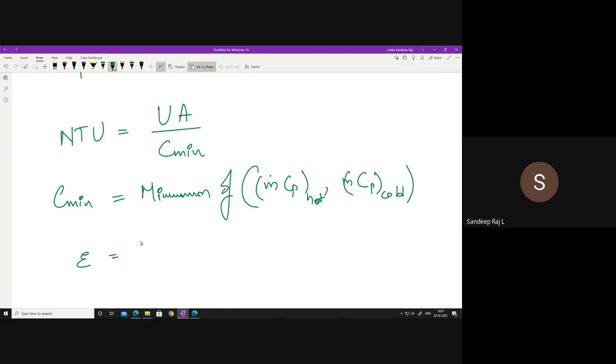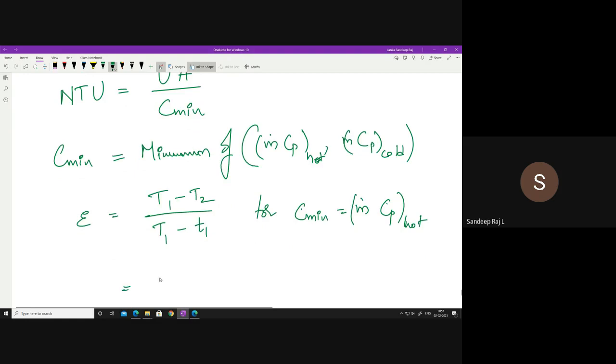It is like capital T1 minus capital T2 by capital T1 minus small t1, sorry, small t1 it is, for Cmin equal to m dot Cp of the hot one. This is for the hot one.